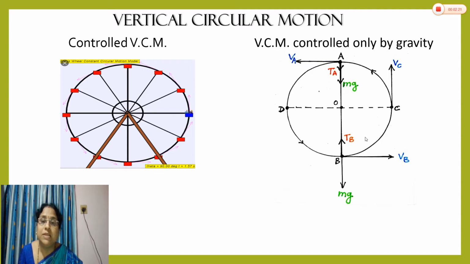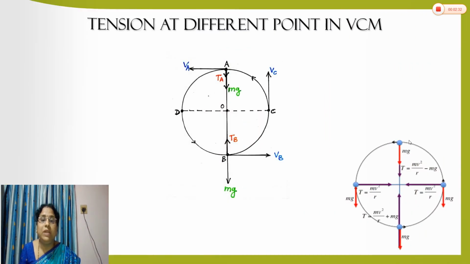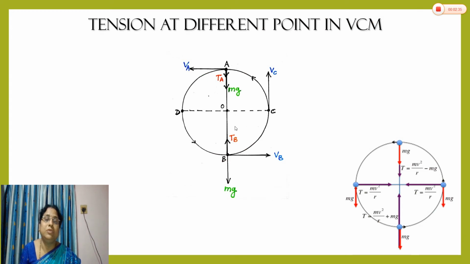We have to discuss here what the tension is at different points in vertical circular motion, and what the velocities are at different positions. At first we will discuss the tensions at different positions.